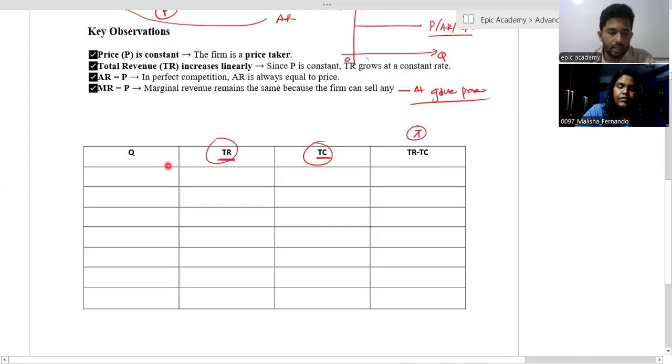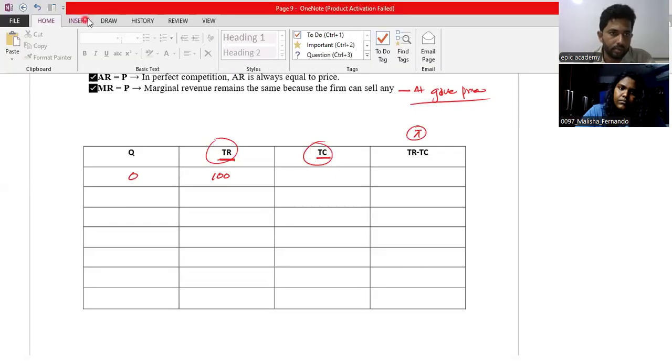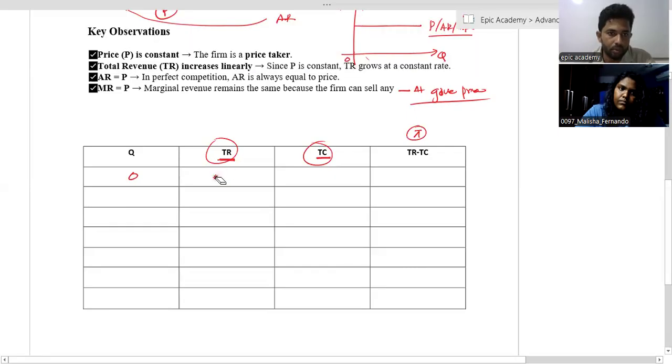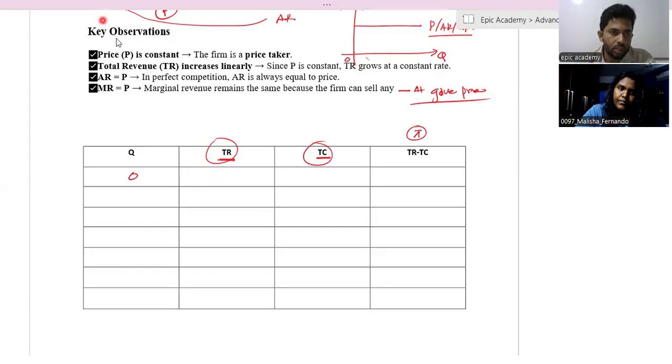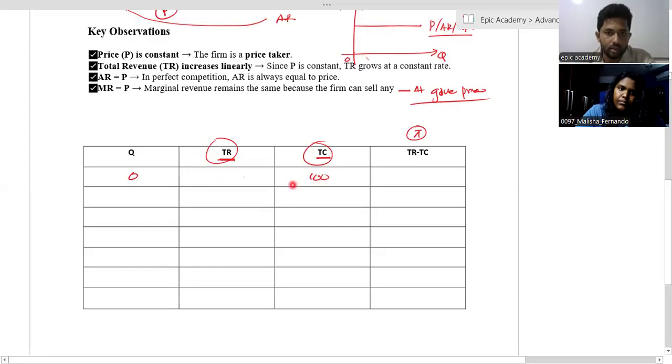As an example, if you produce 0 units, the total cost is 100. Here there is no total revenue, only total cost is there. It is just 100. Total revenue is 0. So what happens to the profit? Profit equals TR minus TC. So it becomes minus 100.